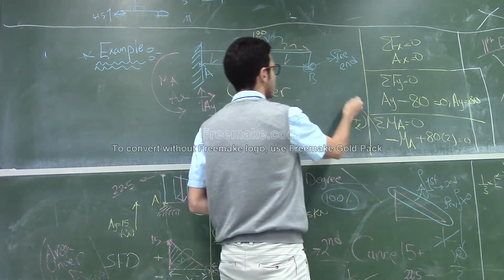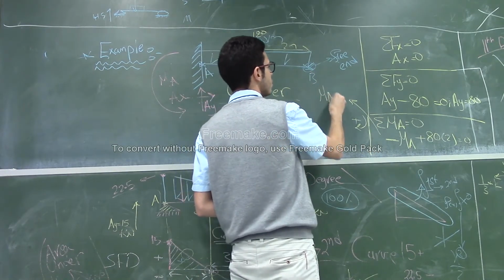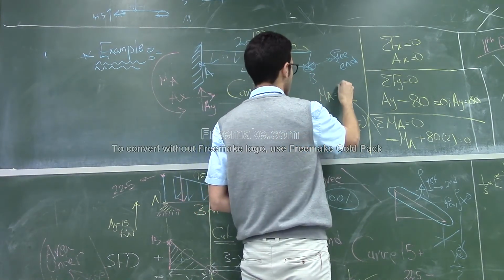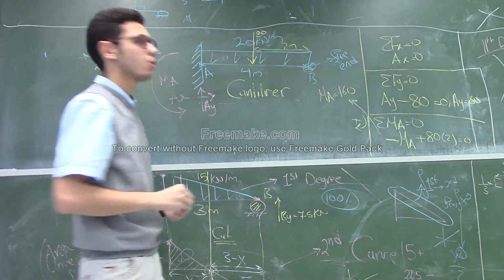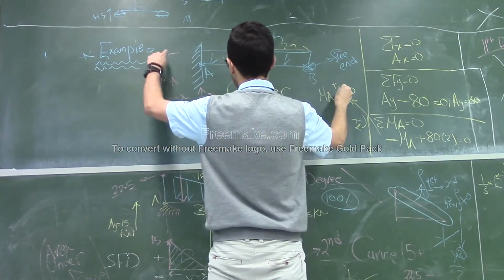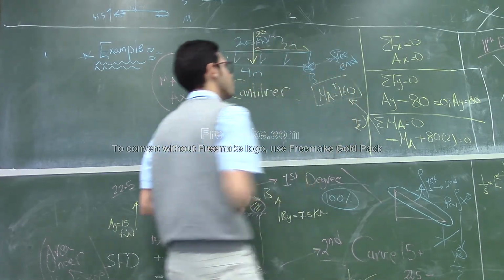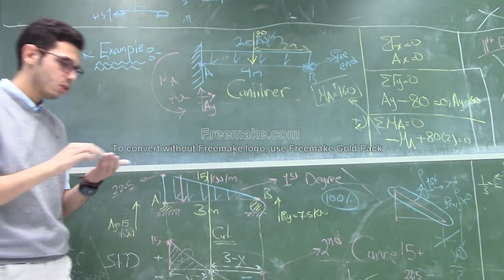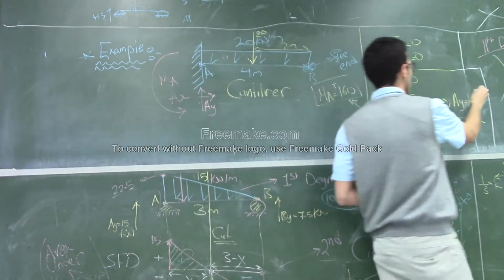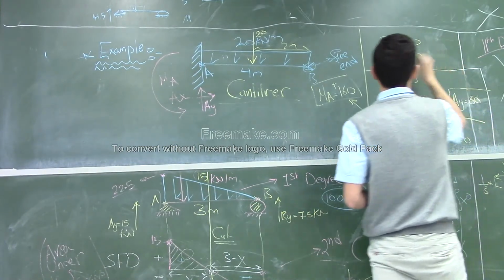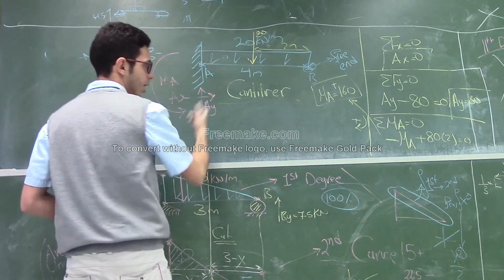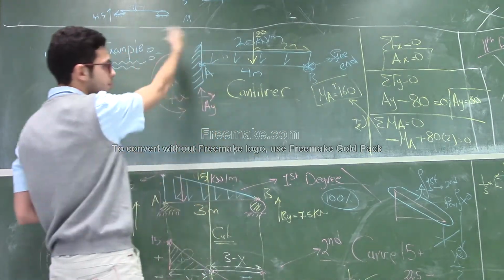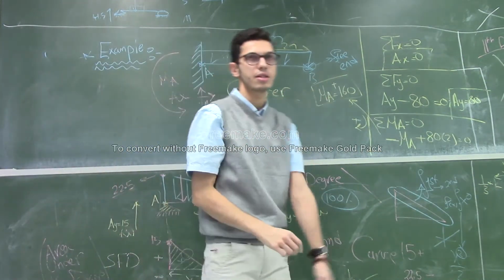That means that MA is equal to 160, with a positive sign. That means my assumption was correct. So I found all the reactions: AX is 0, AY is 80, and MA is 160.